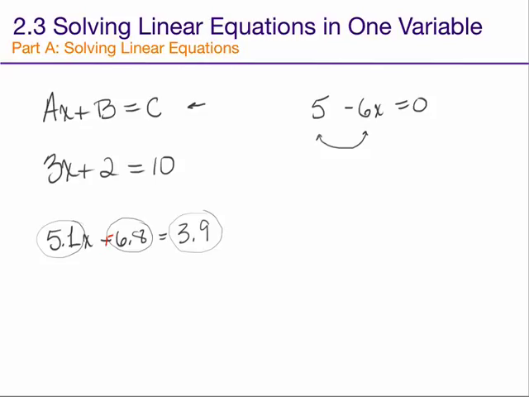In this case, I simply need to use the commutative property of addition to reverse the order of the terms on the left-hand side. If I rewrite this equation, negative 6x plus 5 equals 0, then my equation is now in the form ax plus b equals c.